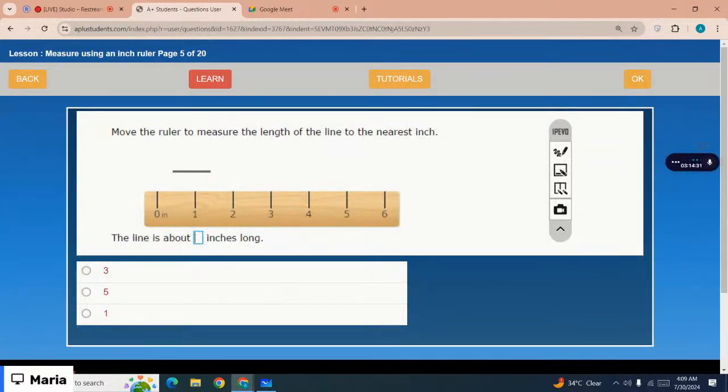Move the ruler to measure the length of the line to the nearest inch. The line is about dash inches long.